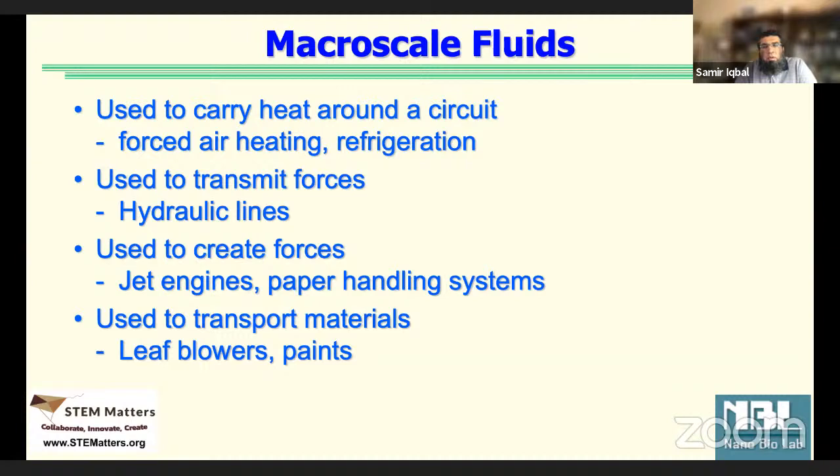So we do all of those things at large scale, and there is a specific set of equations. Most importantly, they're called the Navier-Stokes equations. These are partial differential equations which give us the motion of fluid, especially viscous fluid.